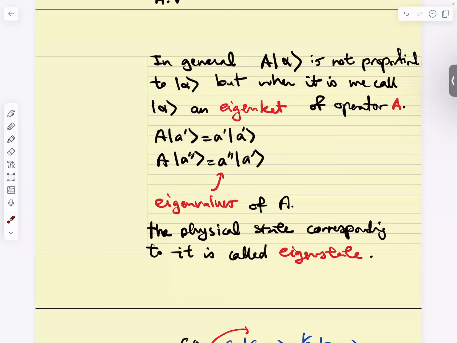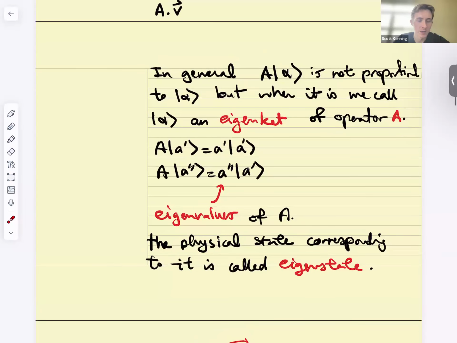Remember that eigenvalues are just complex numbers, right? So I'm labeling this. Can someone see what is the caveat to this? When is it that this notation is confusing? Any thoughts? Like when it's degenerate, or there's degeneracies, I think. Exactly, right? Degeneracies. When there are two inequivalent vectors that have the same eigenvalue, this notation is going to be super confusing and actually pretty bad.